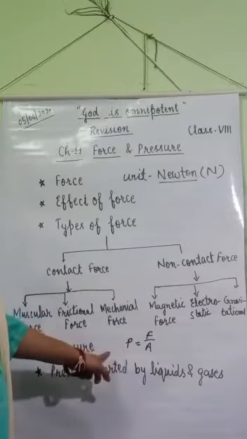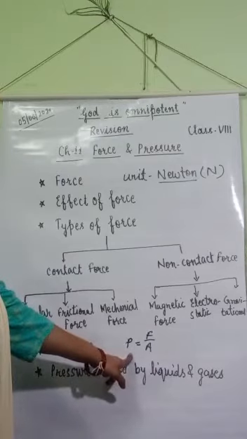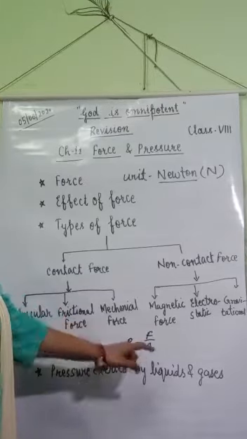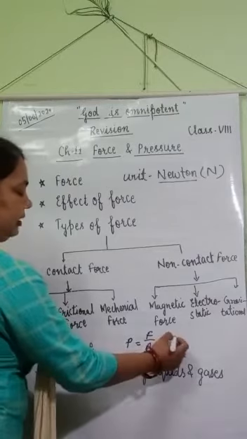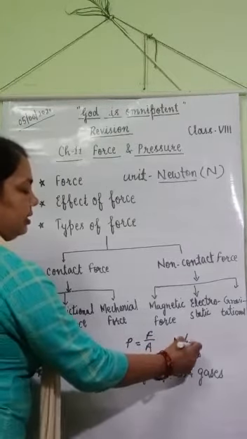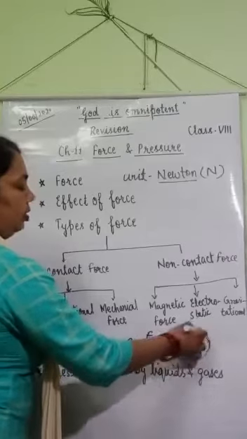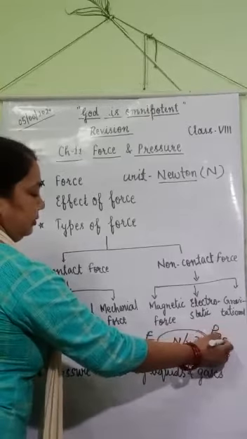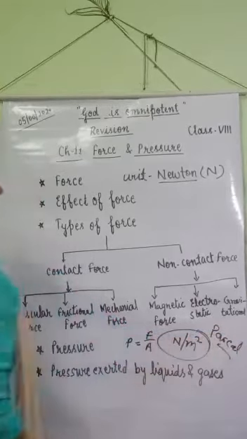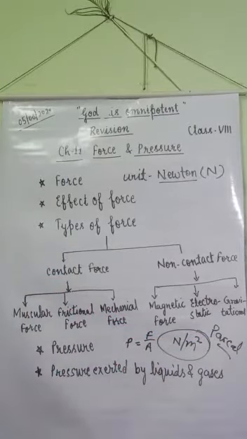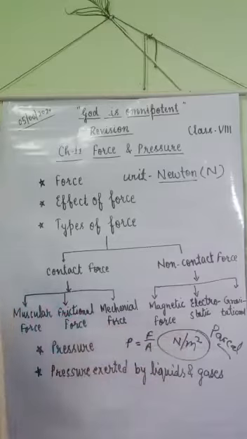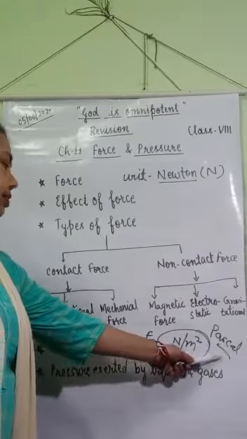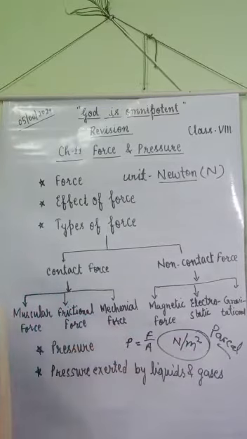The unit of pressure is Newton per meter square, and it is also known as Pascal, because this unit was given by scientist Blaise Pascal. So the SI unit of pressure is Pascal or Newton per meter square.